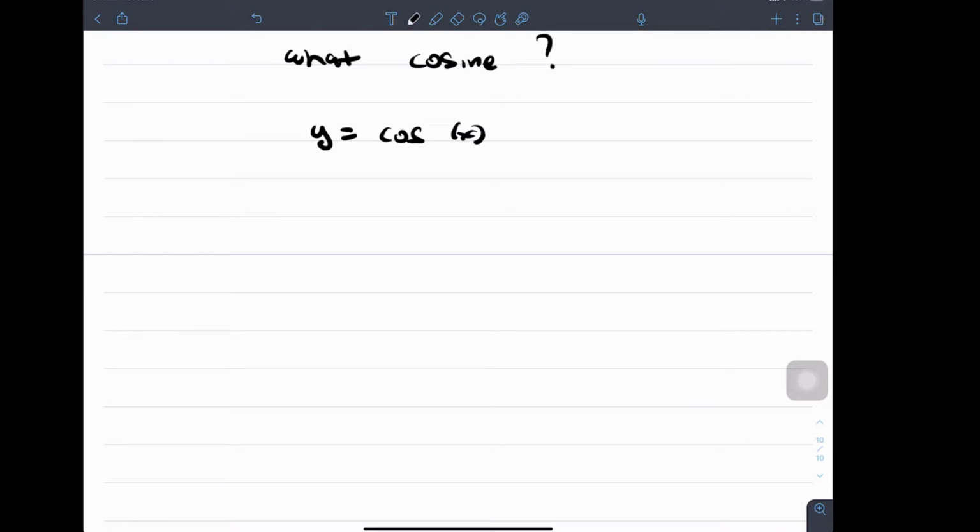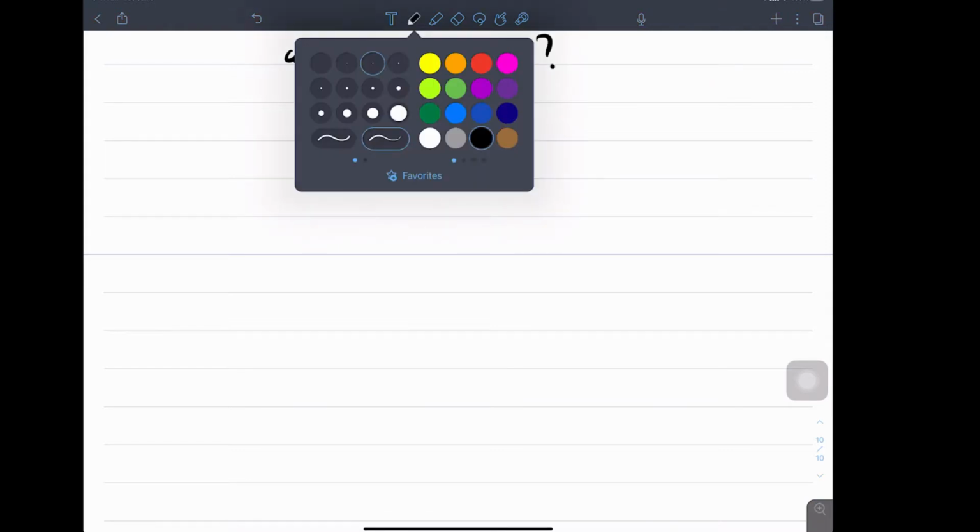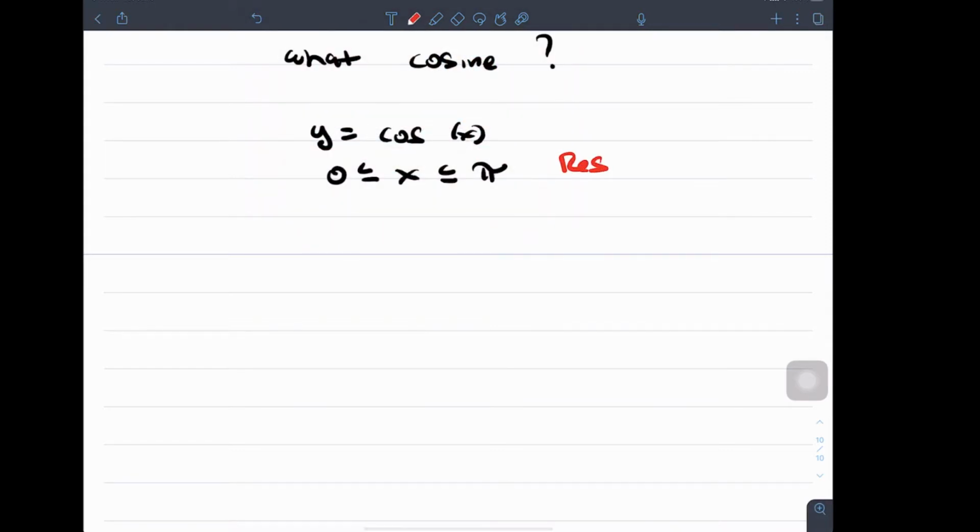Now, cosine's domain is restricted differently. 0 to pi. Okay, we're going to call that the what? Restricted domain. Does anybody remember why we have to restrict that domain again? To make cosine what? 1 to 1 and have it have an inverse.